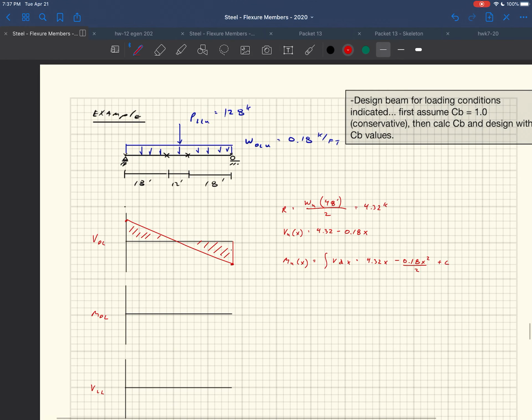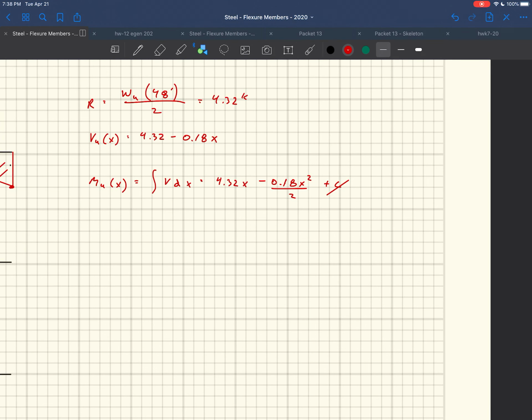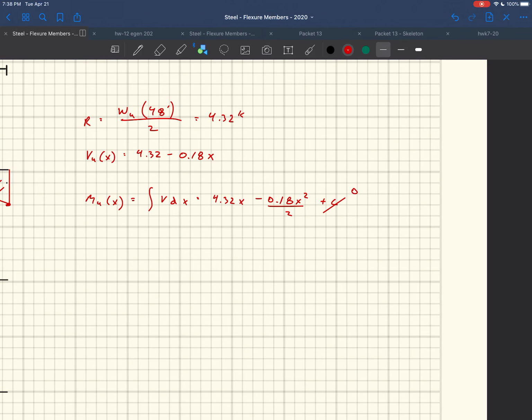We know the moment is going to be 0 at the simple support, and by imposing that, this constant is going to be equal to 0. Otherwise you would have a moment at the end when x is equal to 0, and we don't want that, so the constant goes to 0. So there's our moment equation for the distributed load. We're going to need that, so let me mark it as something we need a little bit later.